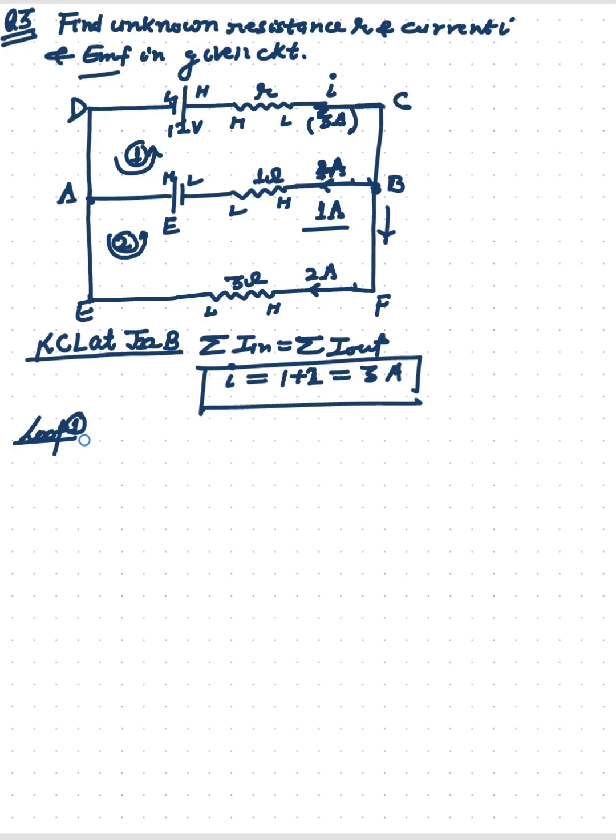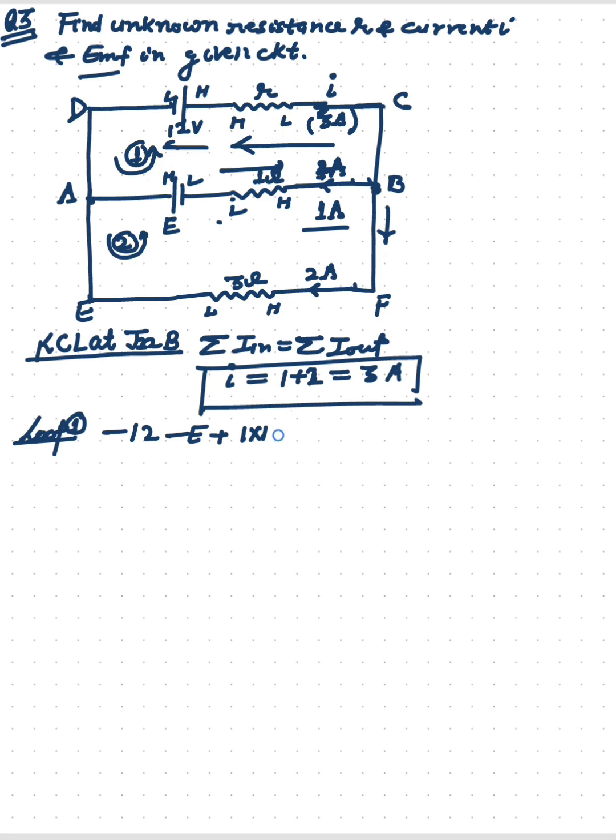In loop 1, I am starting from here. Okay, the 12 volt battery we are traversing high to low. So minus 12, and here minus E, and now in this resistance we are traversing low to high. So this will be plus, and this is the 1 ohm resistance with 1 ampere current. So 1 into 1, and now here we are also going low to high.